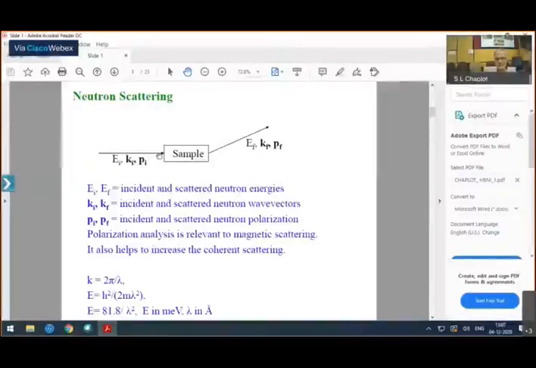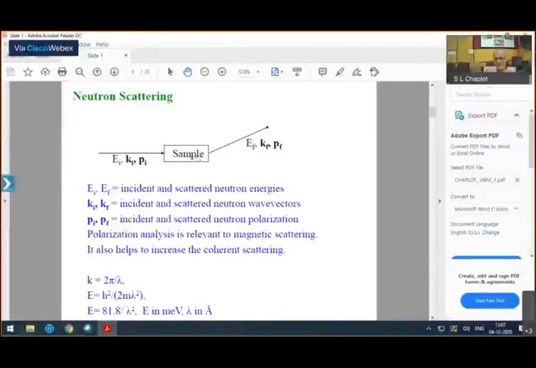So now once I have these characteristics of an incident beam, the neutrons fall onto a sample and then they're scattered. One would like to study the scattering in all possible directions, so essentially in a 4 pi solid angle.